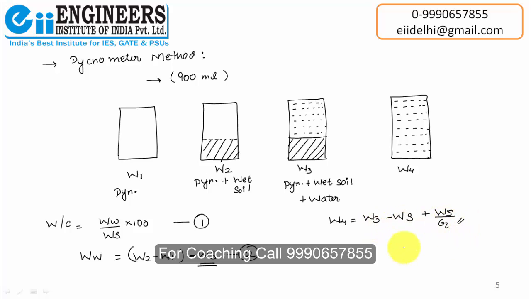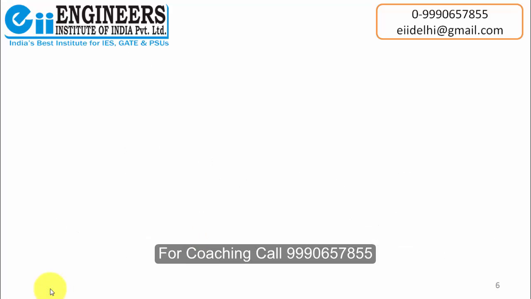If I solve this equation, I get Ws in terms of W3 and W4. Solving, you will get Ws equals W3 minus W4 into G upon G minus 1. Let me mark this as third. If we put second and third in equation 1, we will get the value of water content.